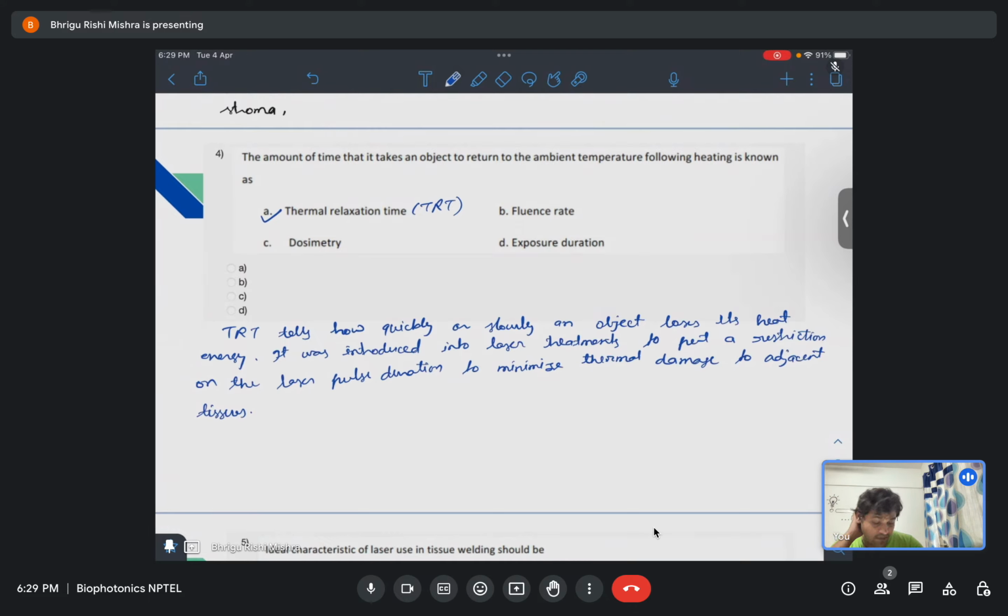So thermal relaxation time is very important because when we do the laser treatment we don't know how long it takes to absorb the energy and convert it into heat.